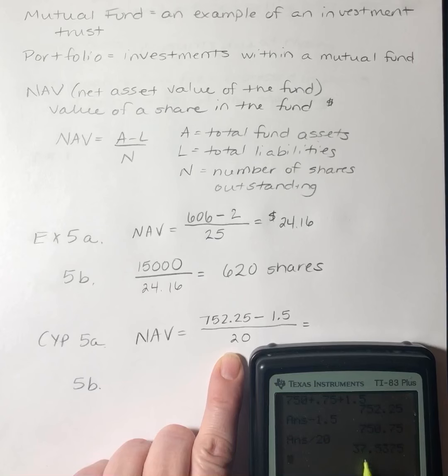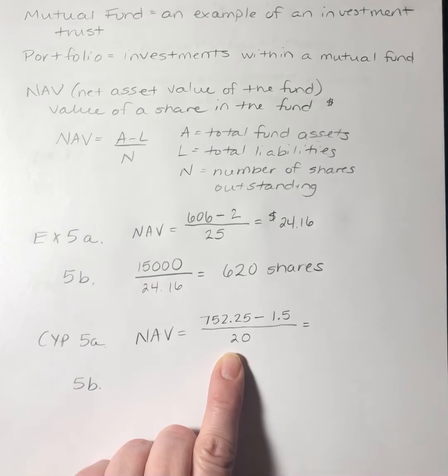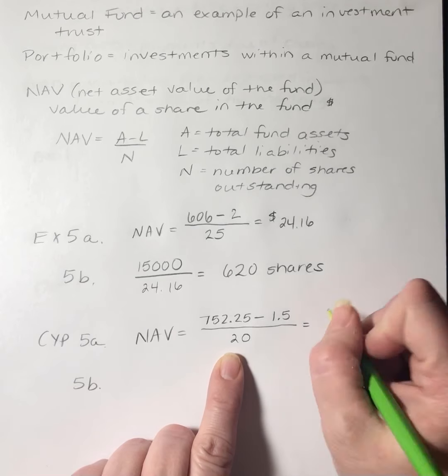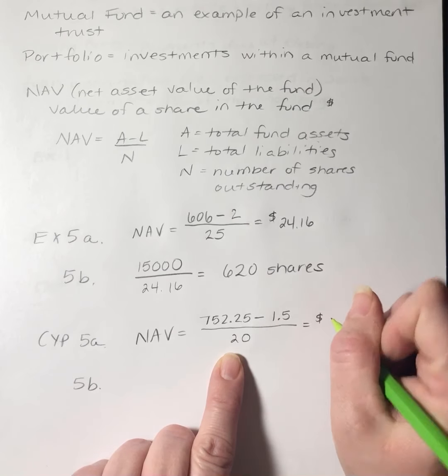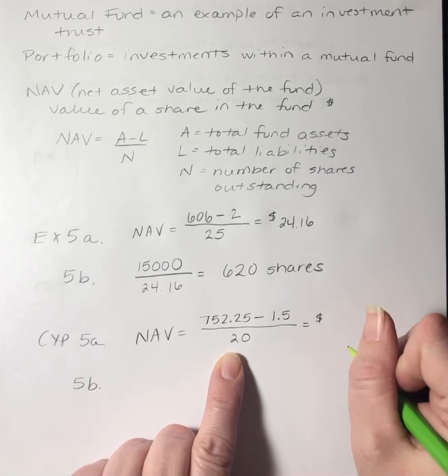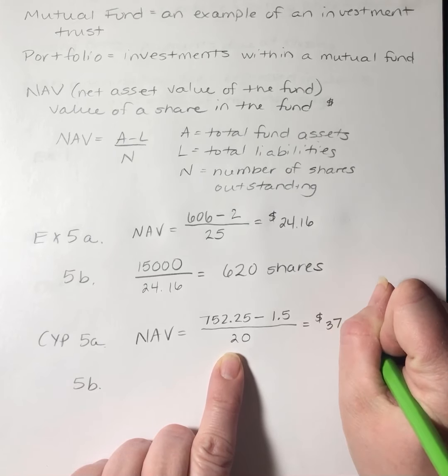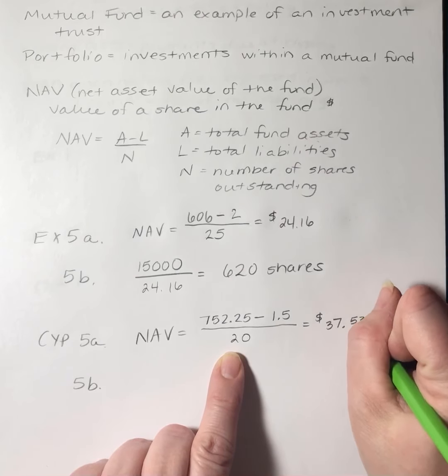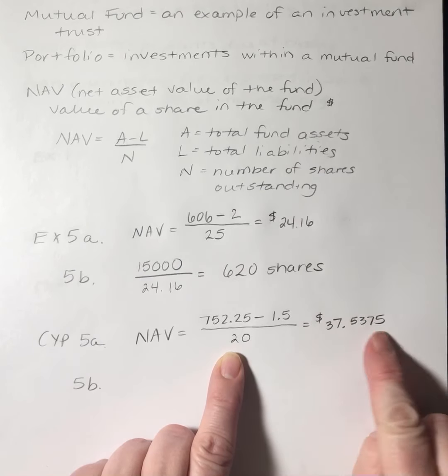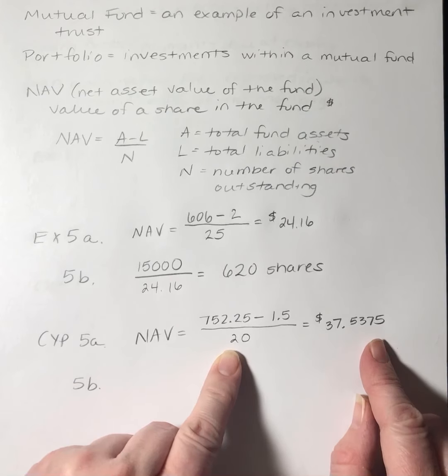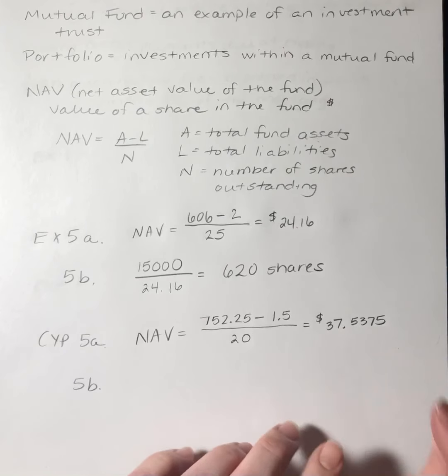And so again, this is in money, so $37.54. Or if we want to be exact, because this is exact share, we can say $37.5375. That's exactly how much it costs per share.